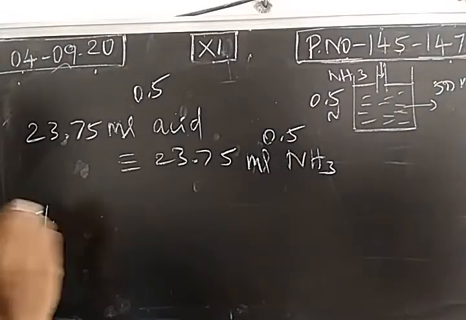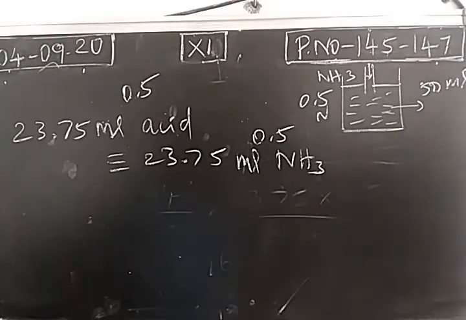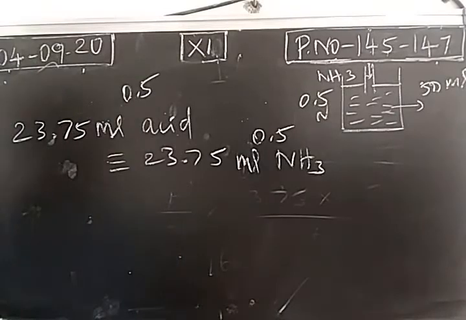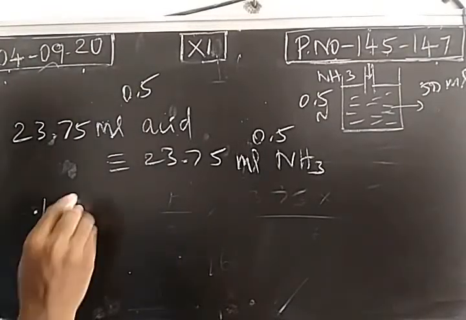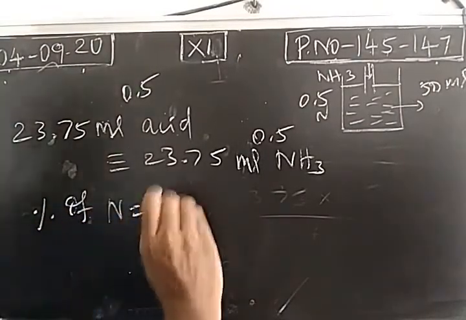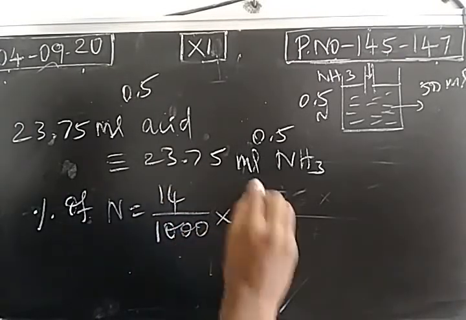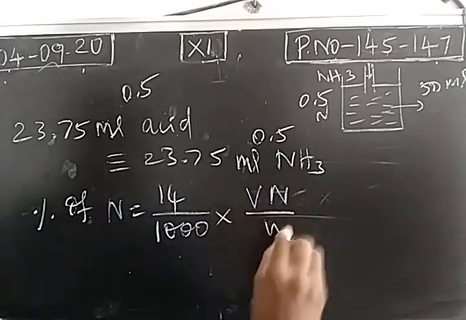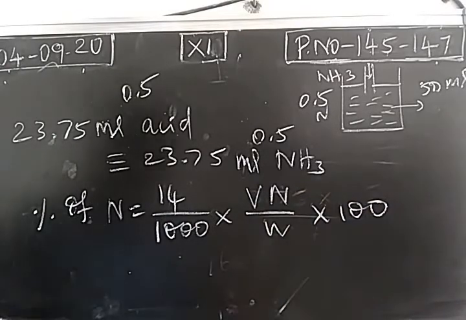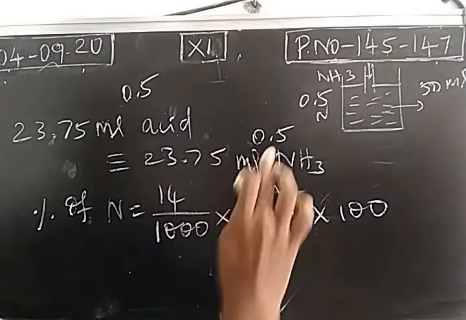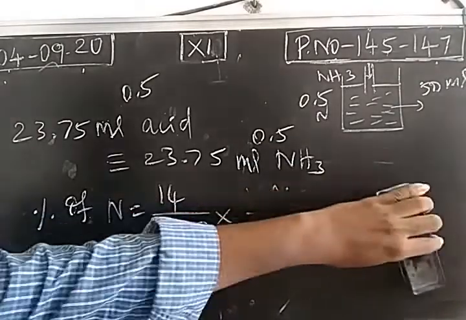So what is the formula to calculate the percentage of nitrogen? In Gelder's method, percentage of nitrogen is equal to 14 divided by 1000 into Vn divided by W into 100. This is the formula. So we know the volume as well as the concentration. We just substitute it.